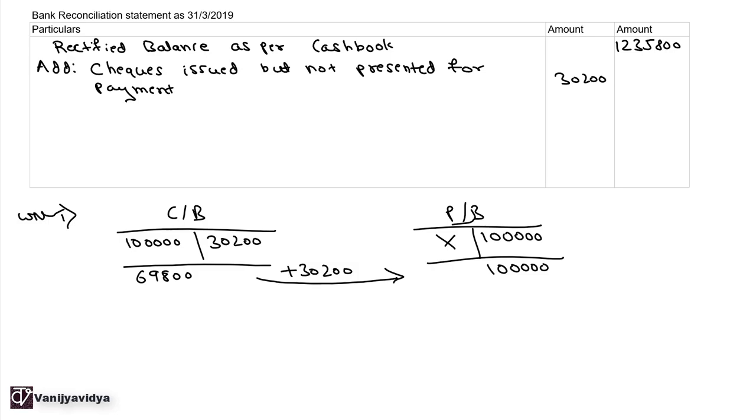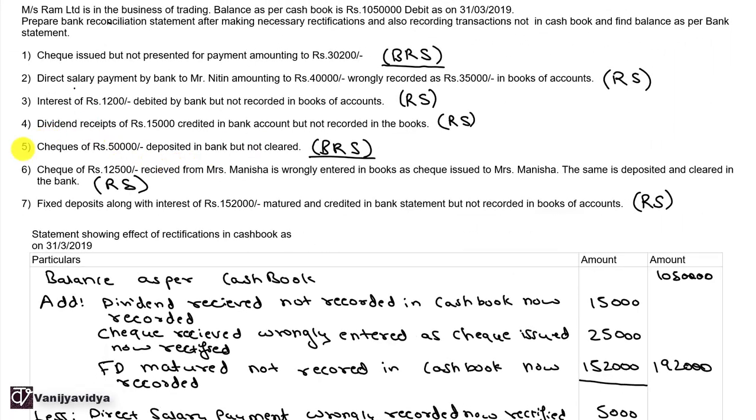Now the next transaction. Transaction number 5. Checks of rupees 50,000 deposited in the bank but not cleared. Now this is the last transaction in the bank reconciliation statement. So checks of rupees 50,000 deposited in the bank. So they are recorded in the cash book. So to that extent our balance in the cash book has increased.